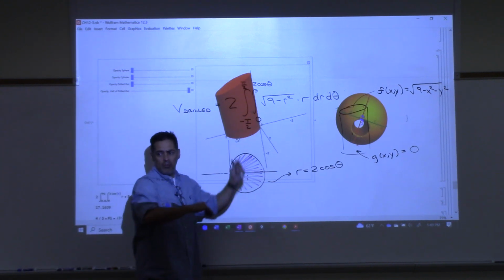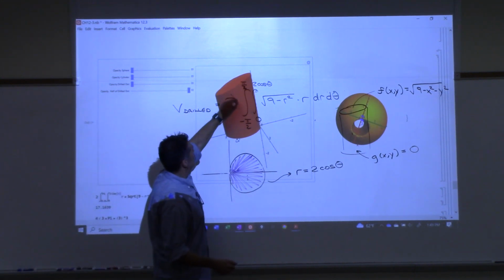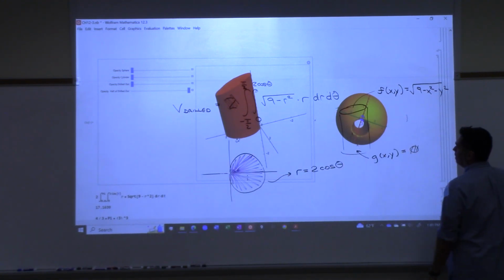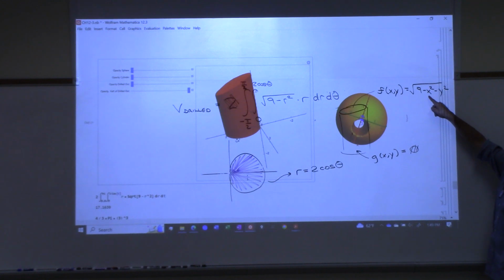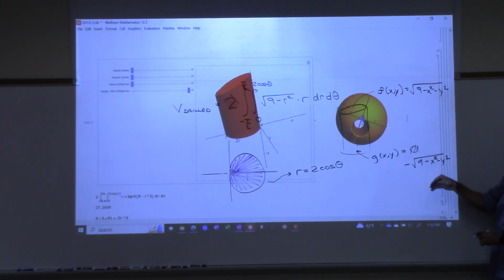So that's why I put g of x and y as 0. I could have, if I wanted to, not use the 2, but then I would have had to change g of x and y to that surface, but negative. So this would have had to be negative square root of 9 minus x squared minus y squared. And then I could do it without having to double the answer. But that is an uglier integral.